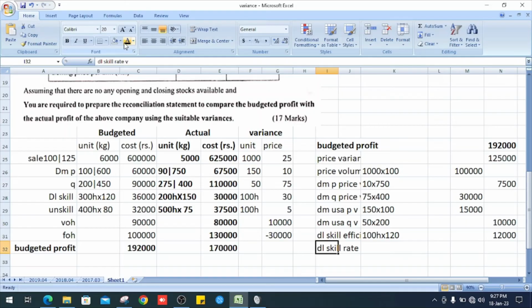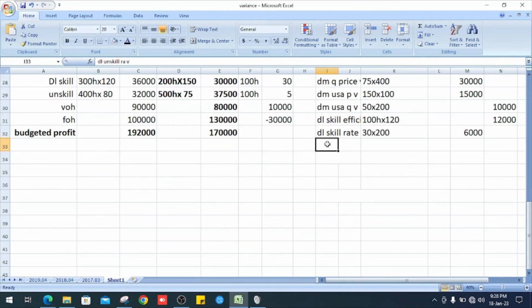Direct labor skilled rate variance is 30 into 200 hours, which is 6,000.